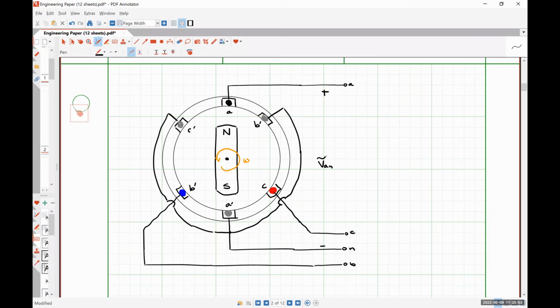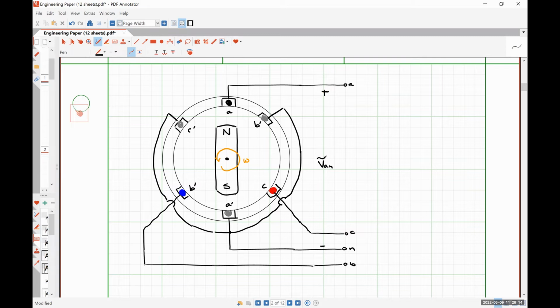When our rotor spins, the magnetic flux seen in coil A is going to get smaller, while the magnetic flux observed by coil B is going to get larger because our rotor is spinning in a counterclockwise fashion.